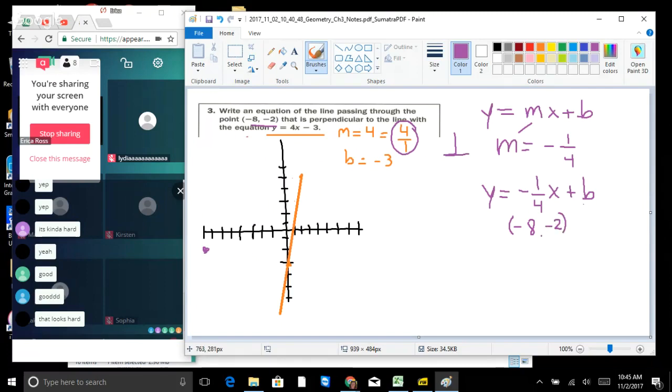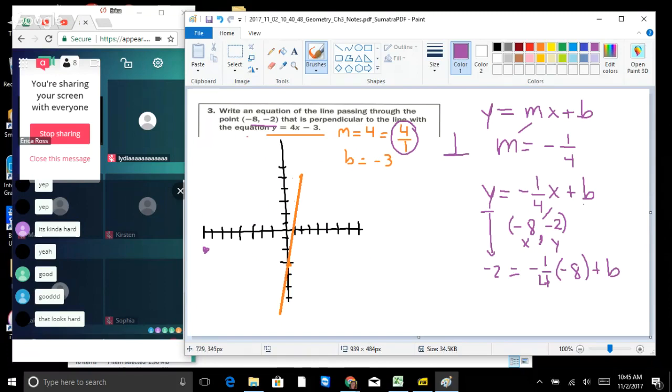And remember, this represents x and y. So instead of y here, I'm going to write -2, because that's what my value is, right? Equals -1/4, and then my x is going to be times -8 plus b.